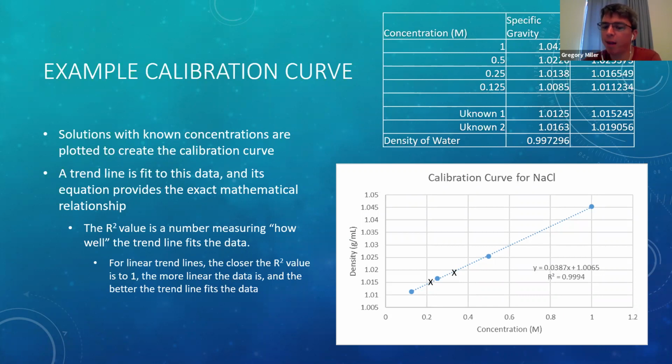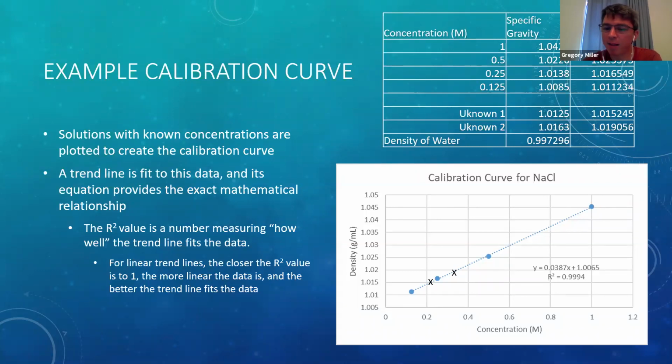The blue dots are our known samples where we know the concentration, we know the density, and we plot those. And then we create a trend line, which is the dashed blue line connecting all of those points. That dashed line has an equation that the software will calculate for us that's shown as y equals 0.0387x plus 1.0065. I'll get into what the r squared value is in a minute.